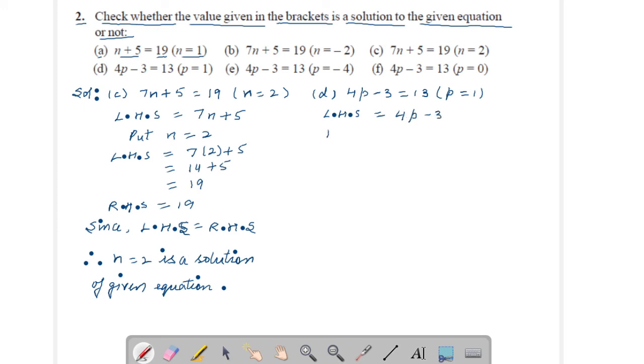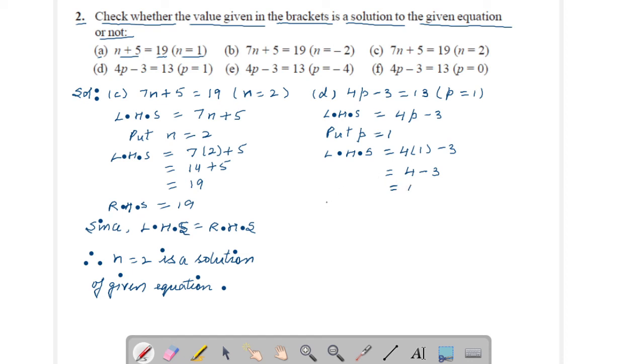Here put p equal to 1. Therefore, left hand side will be 4, replace p by 1, minus 3. Solve it. 4 into 1, it is 4, minus 3. 4 minus 3, it is 1.